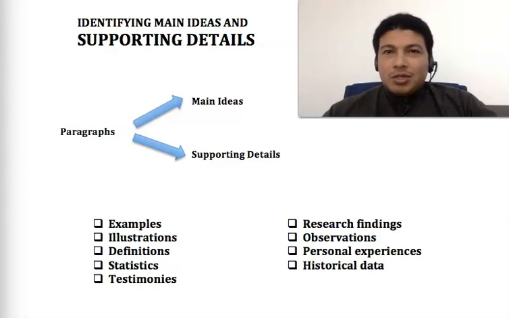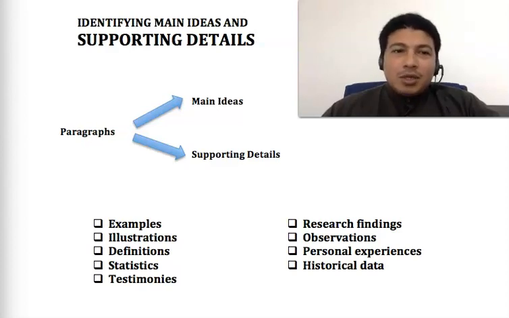So that is illustration. You try to illustrate like you are doing a painting. So you describe vividly, clearly to the audience what the place or the situation or the thing is like. So that is an illustration. It is a type of supporting details to support the main point.